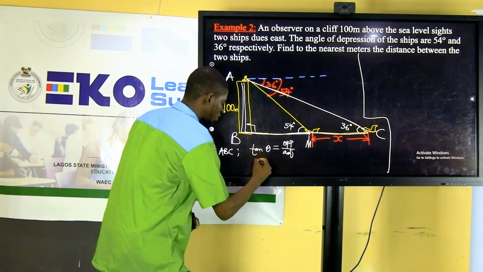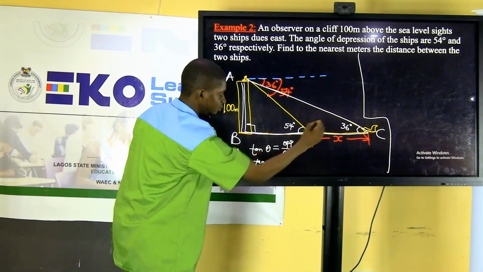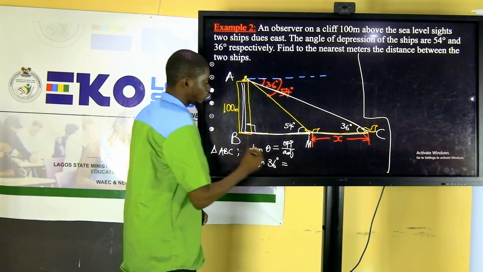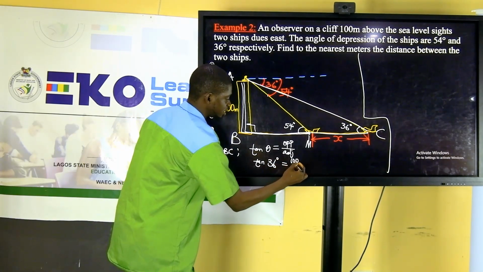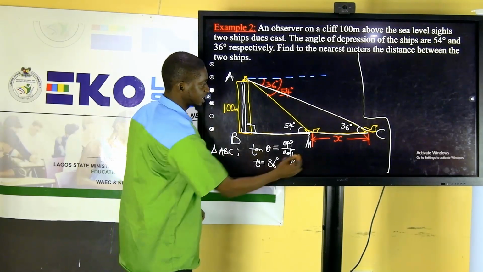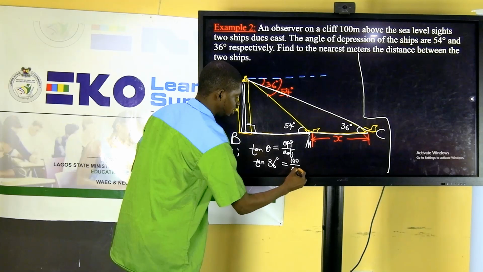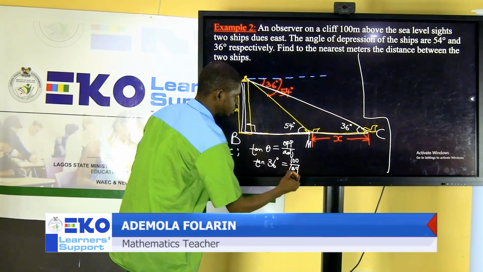And when we do that, it becomes tan 36 degrees is equals to the opposite we have here, 100, divided by the adjacent. We don't know it, so let's just call that one BC. That's the side BC.